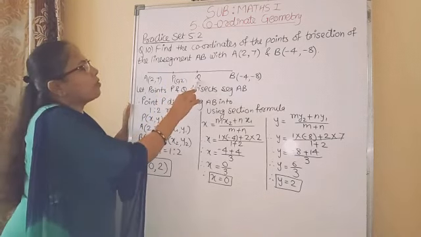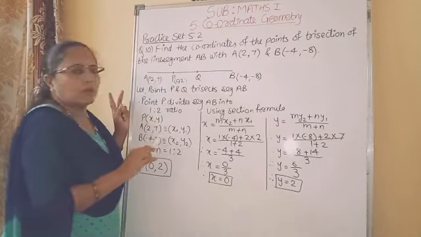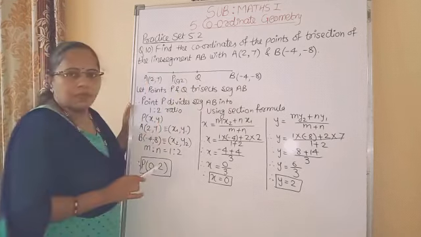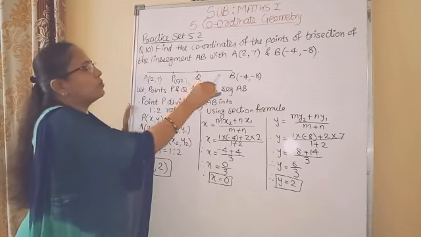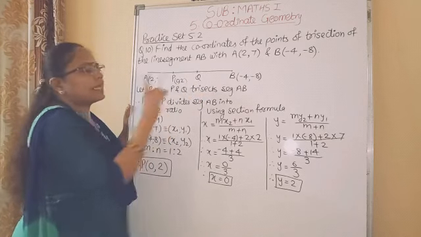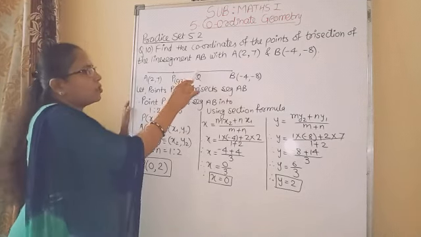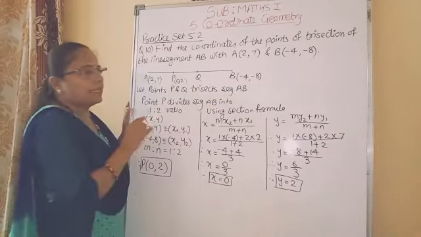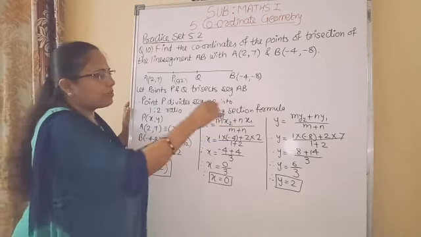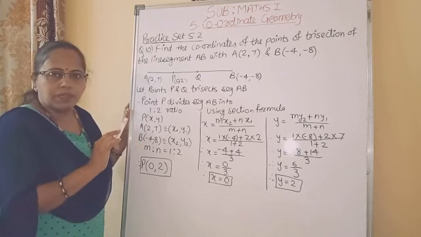Now we have to find the coordinates of point Q. There are two methods to find them. We can say that point Q divides segment AB in the ratio 2:1, because on the left side of point Q there are two parts and on the right hand side one part, and using the section formula we can find the coordinates of point Q. That is the first method.